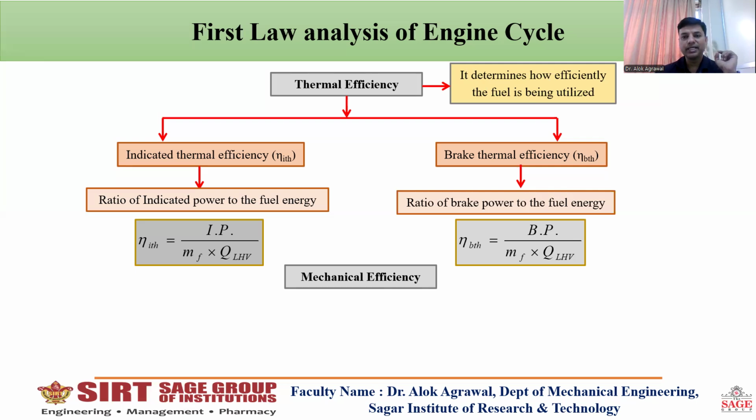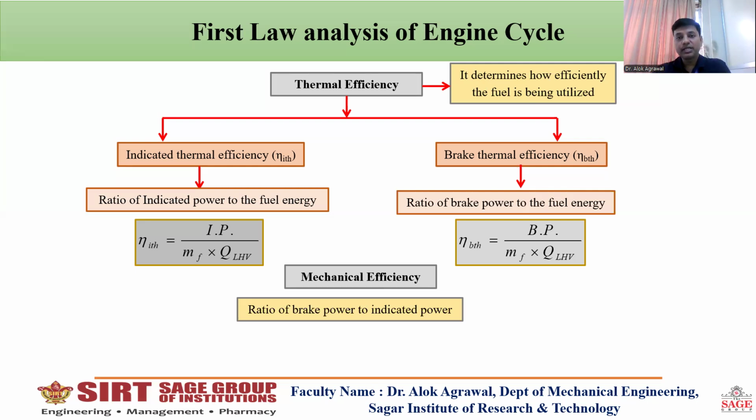Next is mechanical efficiency. See, mechanical efficiency is the ratio of brake power to indicated power. Mechanical efficiency defines the various mechanical losses happening inside the engine. So where are the mechanical losses taking place? During the transmission of power from the piston to the output, that is, to the crankshaft.